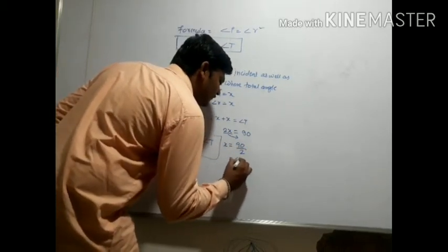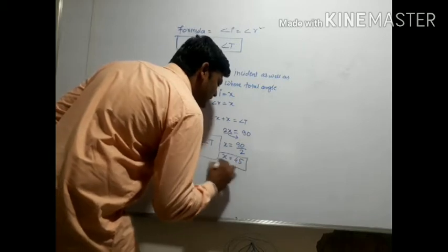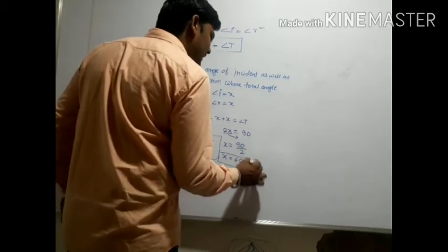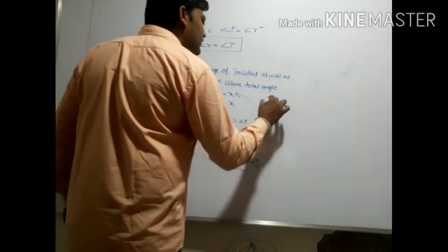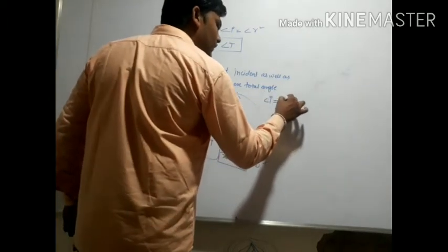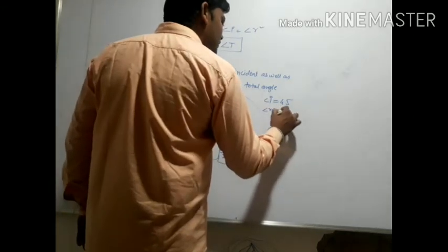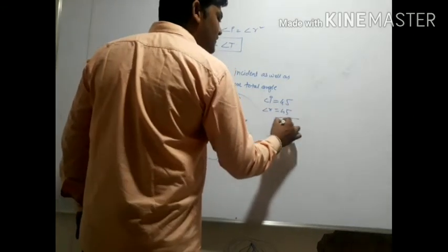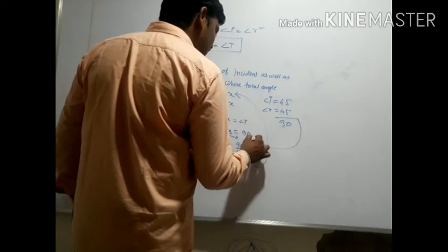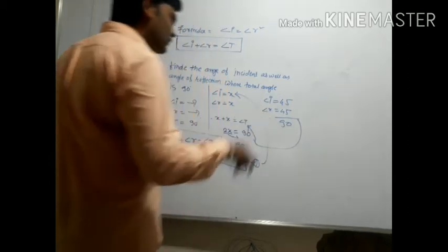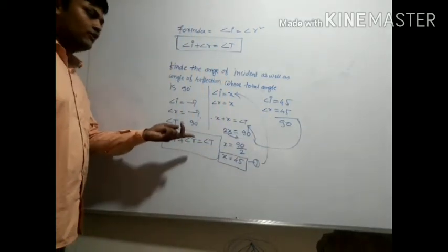Very good, beta, 45. So the value of x is 45. Put this value of x in the above equation. So angle of incidence is equal to 45. Automatically by the law, angle of reflection is also equal to 45. 45 plus 45 is 90. That proves the equation: total angle is equal to 90.